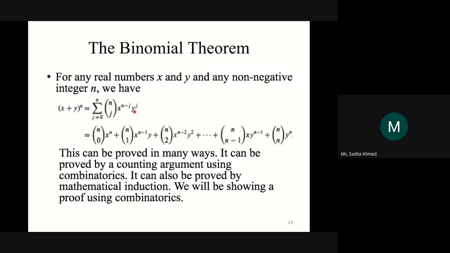Based on the number of times you have to choose x and the number of times you have to choose y, you will get in total NCJ of these terms. These terms will occur NCJ times. All right, that's what we can say.